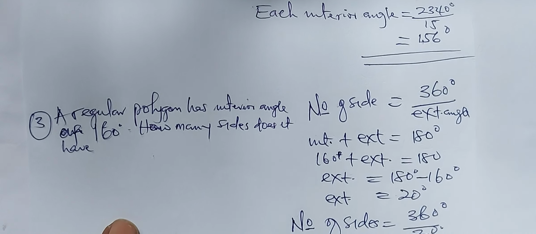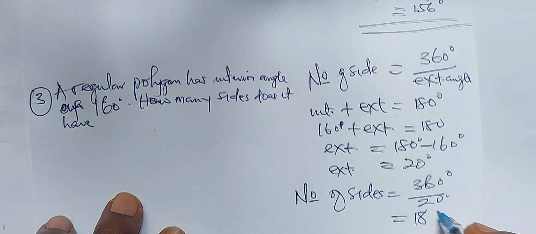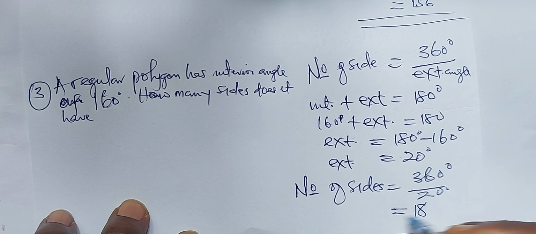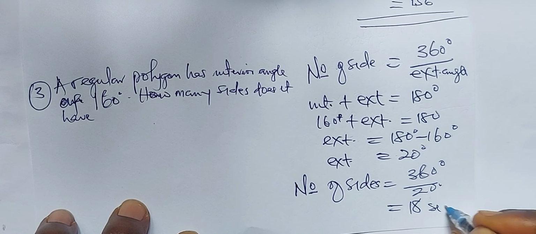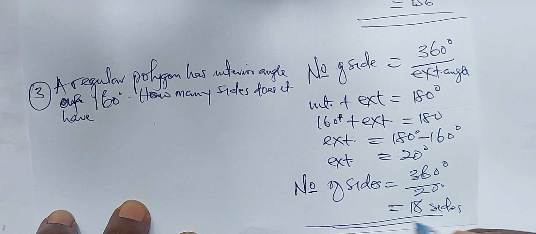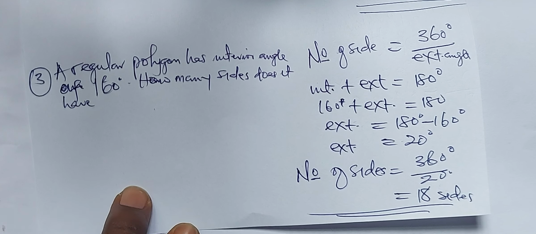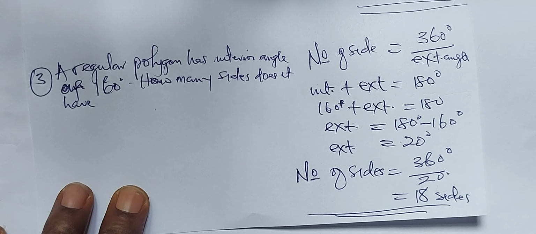So we have the number of sides to be 18, an 18-sided polygon. Okay, so we have 18 as the answer.